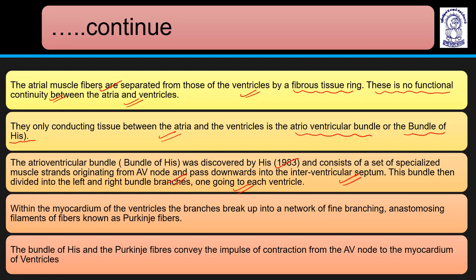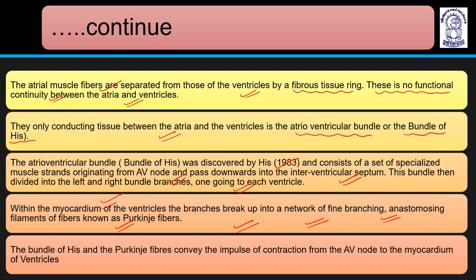Within the myocardium of the ventricles, the branches break into a network of fine branching and anastomosing filaments of fibers known as Purkinje fibers. Okay. So Purkinje fibers are basically the fine filamentous branchings of bundle of His or AV bundle.